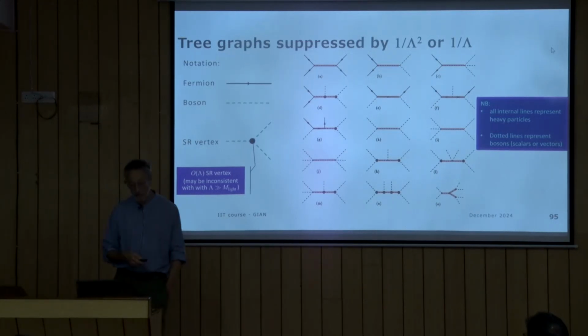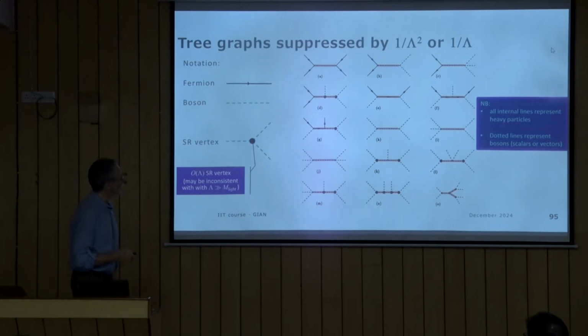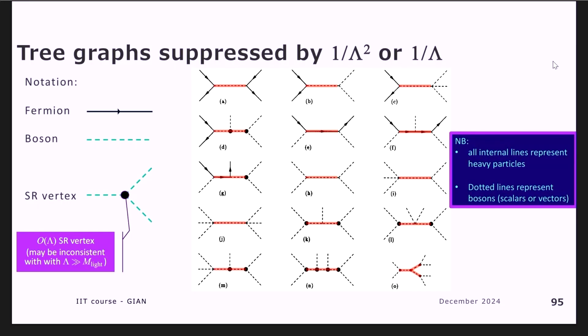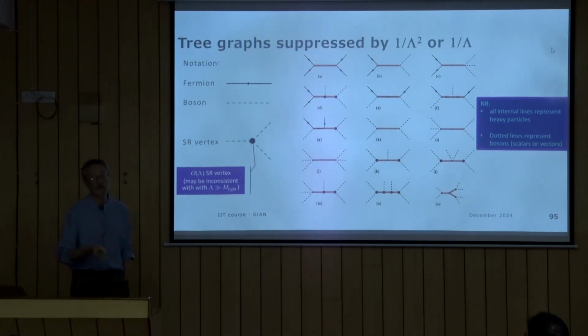And the last painful stage was to look at these graphs that I generate, that embody, by the way, all possible graphs at tree level that have a coefficient of 1 over lambda squared. So these are the graphs that correspond to my dimension 6 operators. And the last painful stage was to match these graphs to the list of operators that I showed you a few lectures ago for the standard model.